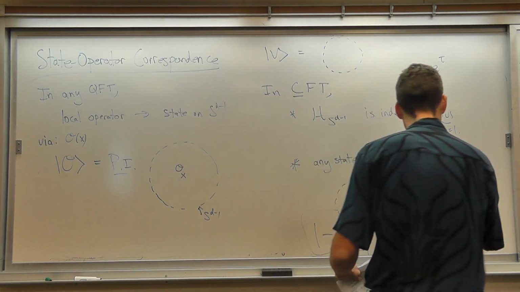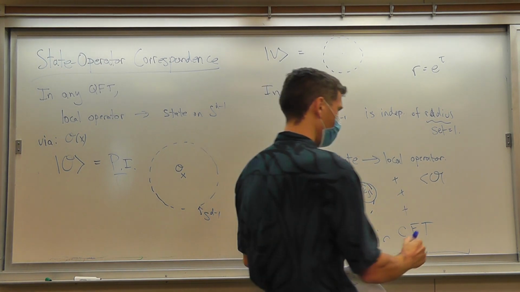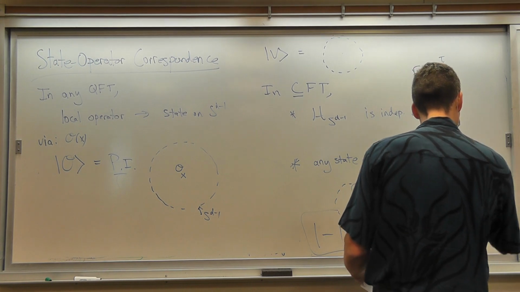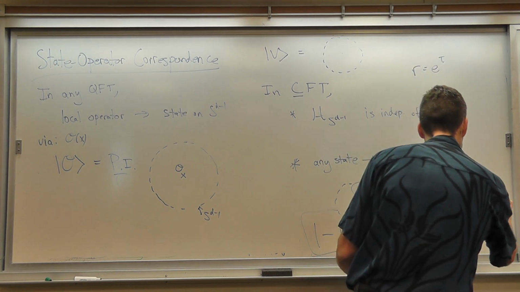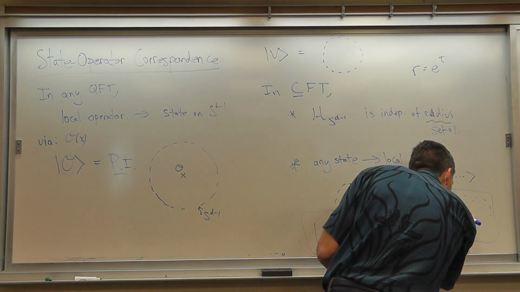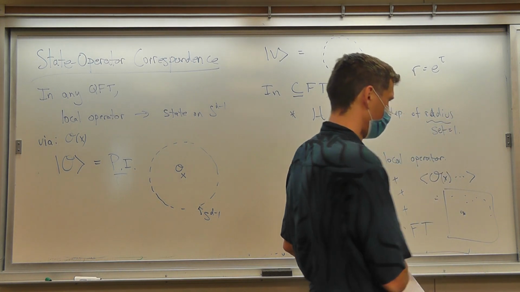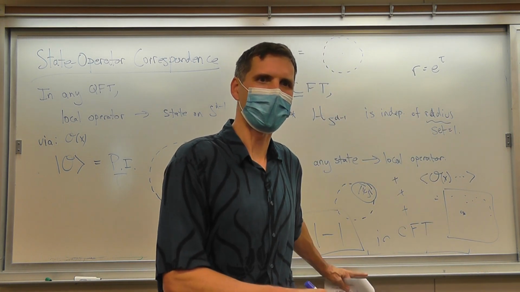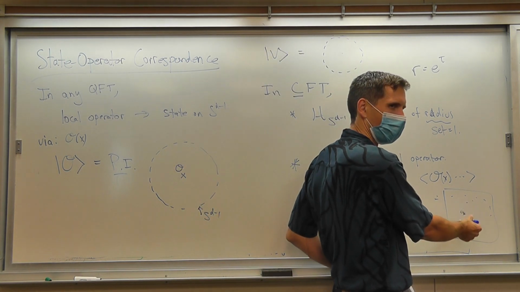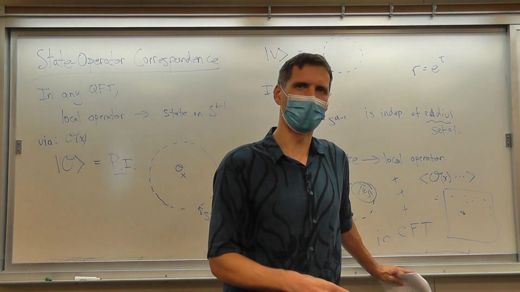If you gave me a state psi, then I would find an operator O, and I would define its correlation functions to be whatever the other stuff is, and then you put a little tiny circle here with the state psi inserted on it. What I mean by inserting the state is that you have to use the wave function and integrate against that wave function. I can show you a formula, but let people go.